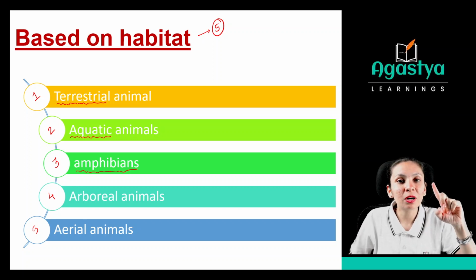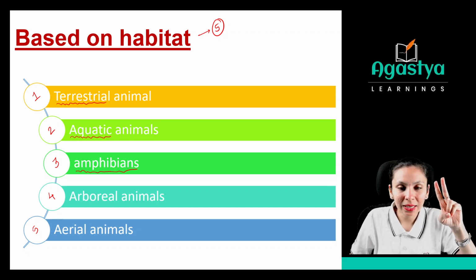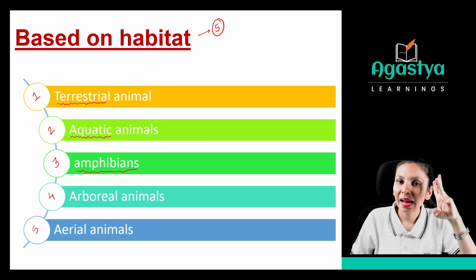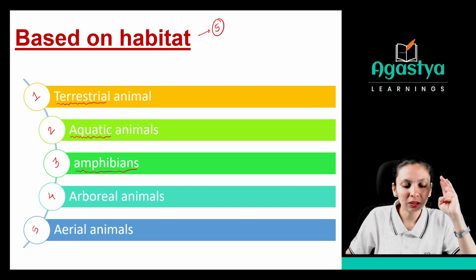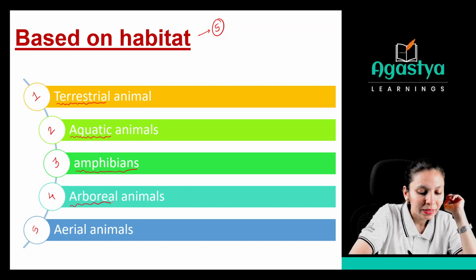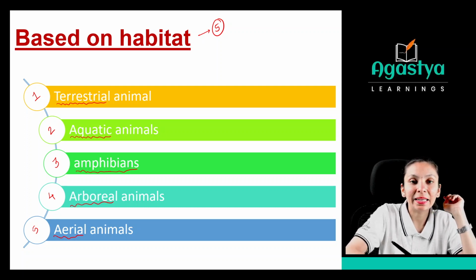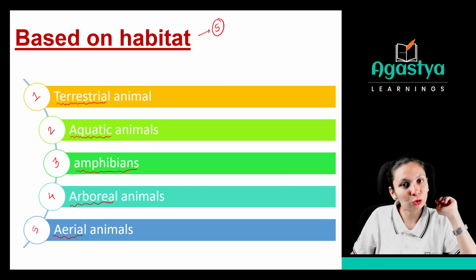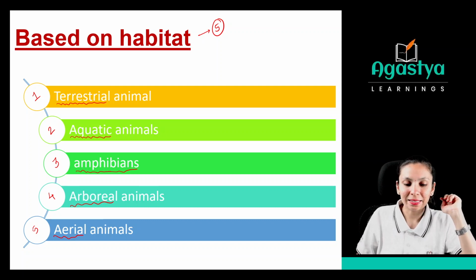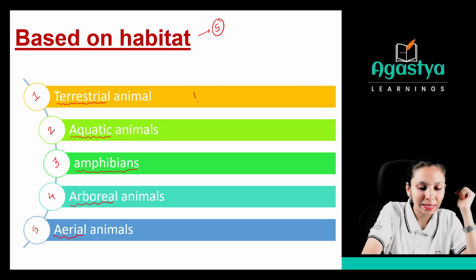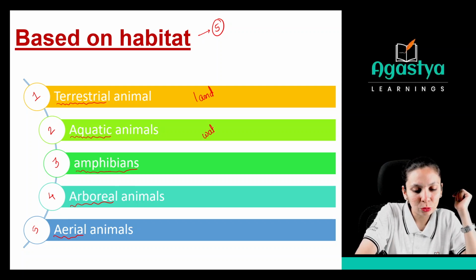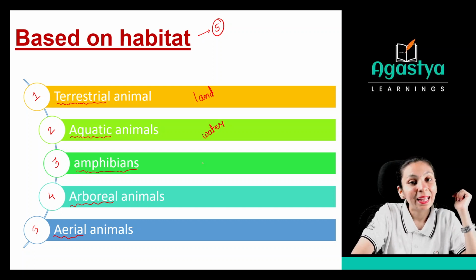The first was terrestrial, the second aquatic, the third amphibians, fourth arboreal, and fifth, aerial. Is this clear? Do you know the meaning of these? Yes. So terrestrial is related to land. Aquatic is related to water.